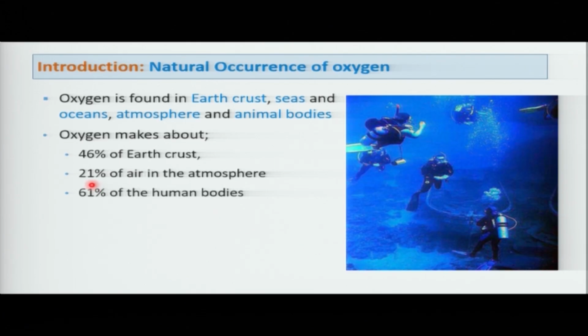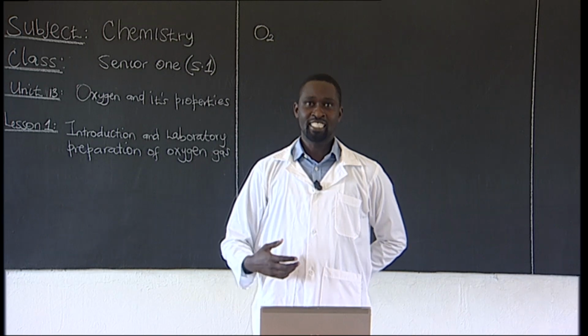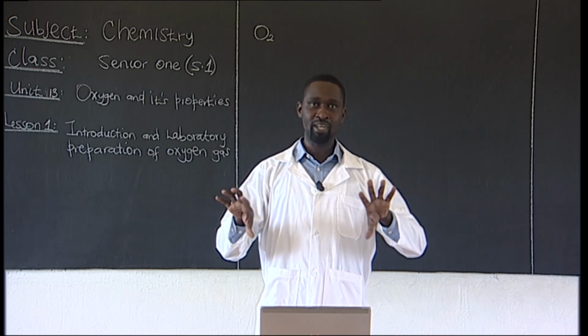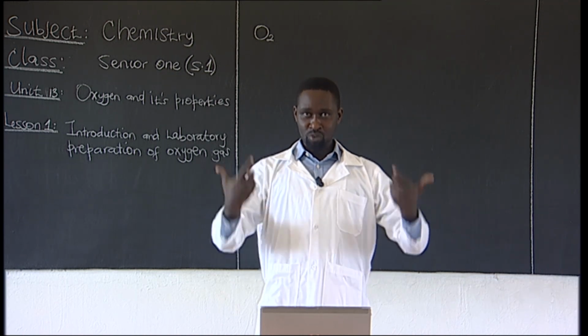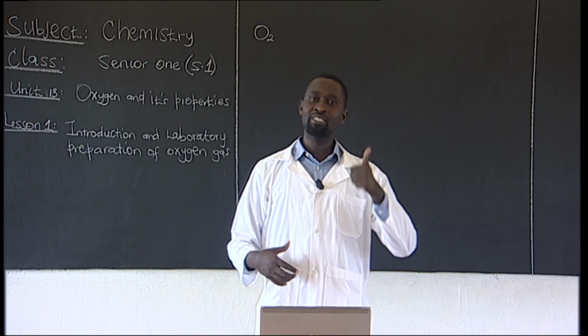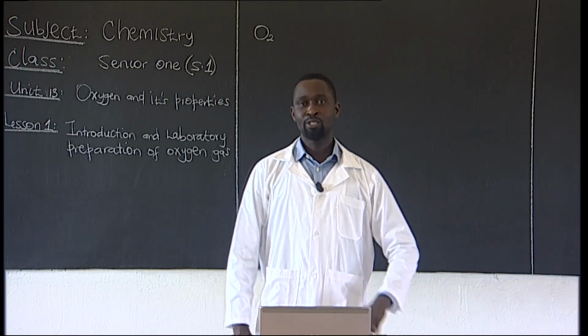We also have oxygen in the atmosphere, and that makes up 21% of the air in the atmosphere. That's why, as you can see me, I'm breathing oxygen without any help. I don't have the oxygen tank, because in air here there is oxygen which is separate. I can breathe it in. Even in our bodies, as we take in oxygen, our bodies also contains oxygen. About 61% of our human bodies is oxygen.